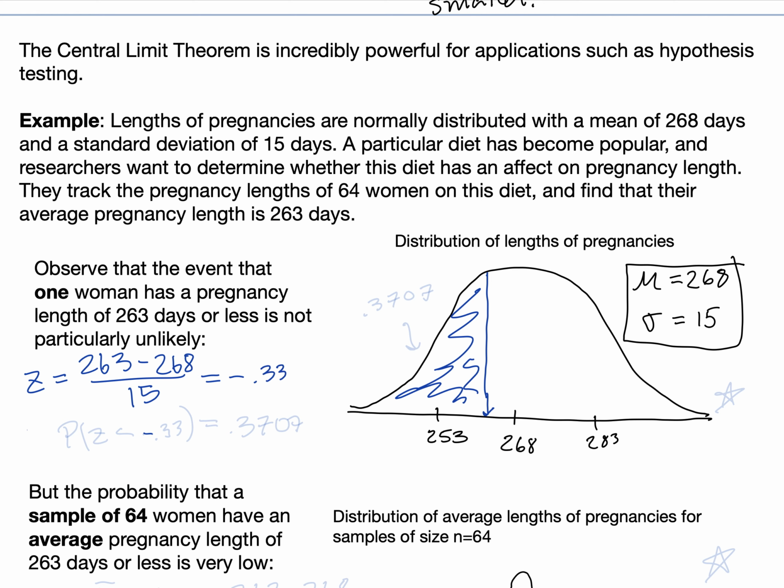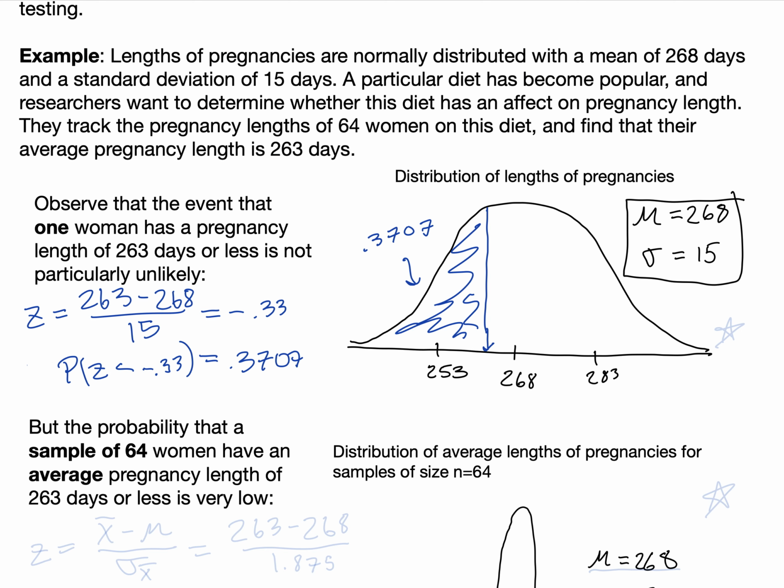If we look at either a table or a computational device and find the probability that z is less than negative 0.33, we'll find that it's 0.3707. So basically a 37% chance that an individual person's pregnancy is 263 days or less. Not especially unlikely, more than a third of the time.